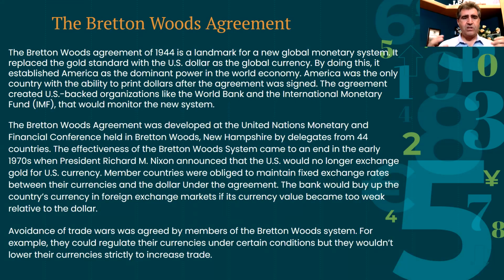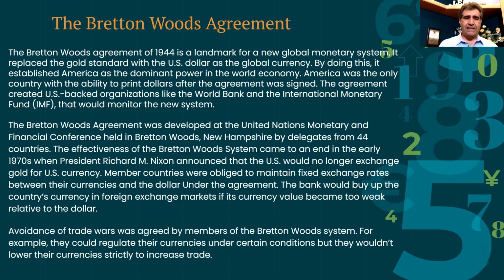Let's discuss what this thing called the Bretton Woods Agreement is. The Bretton Woods Agreement happened in the summer of 1944, before the actual end of World War II. It was in Bretton Woods, New Hampshire, and about 44 delegates from 44 countries got together to think about what's going to happen post-war.